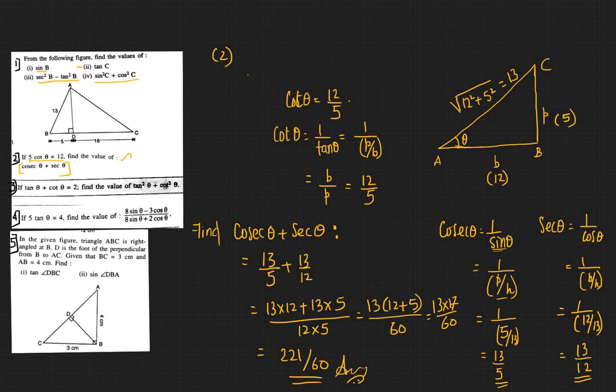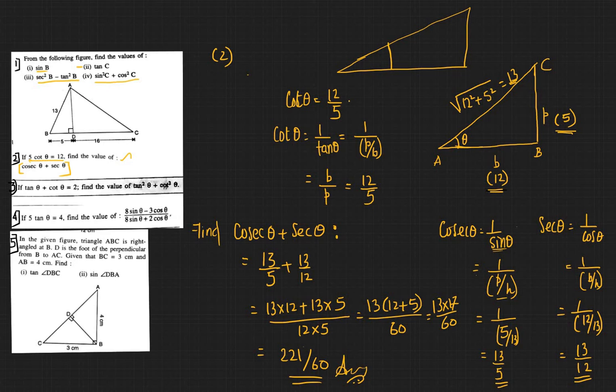In the previous video, we tried to do two problems, and one thing that I missed mentioning in the previous problem is that we have taken the values as 12 for this cot theta, 12 by 5, as 12 and 5 and 13, but in reality the ratio need not be this, as you know that all similar triangles have the same ratios.